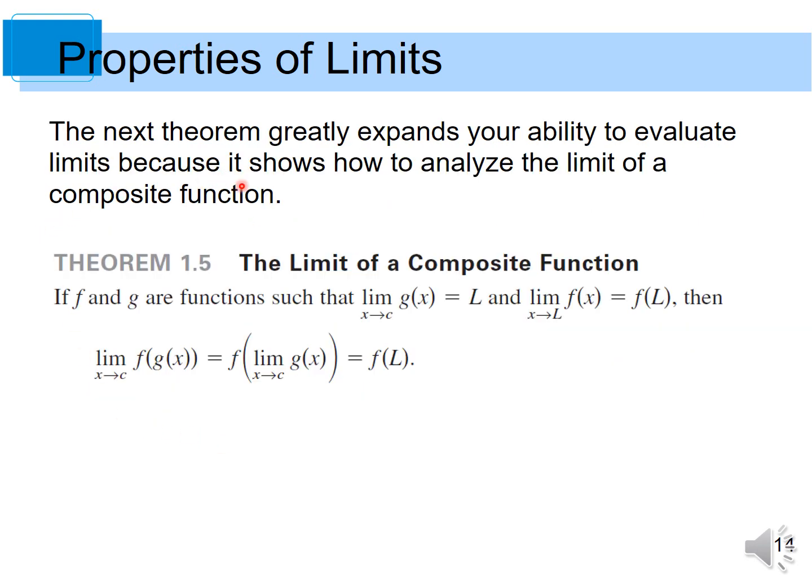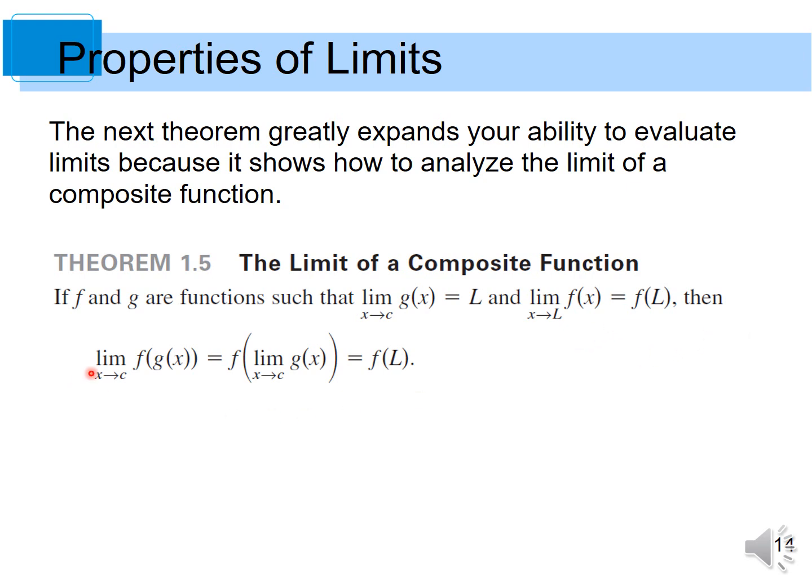The next theorem greatly expands your ability to evaluate limits because it shows how to analyze the limit of a composite function. If f and g are functions, the limit of g(x) as x tends to c is L, and the limit of f(x) as x tends to L is equal to f(L).